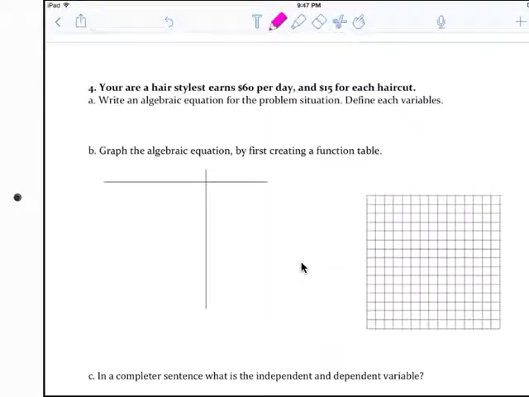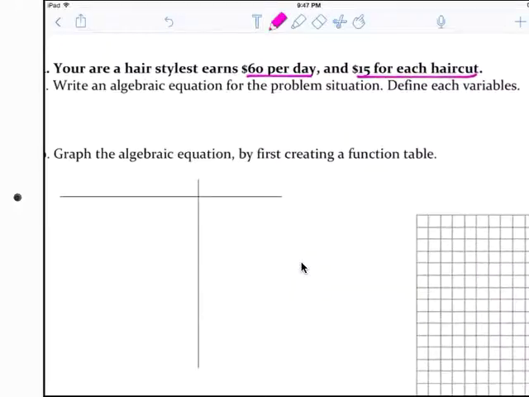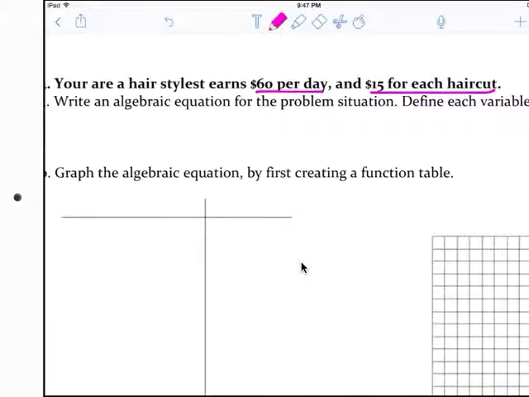Okay. You are a hairstylist earning $60 per day, $15 for each haircut. Write an algebraic equation for the problem situation. Define each variable. Okay, I know it sounds like $60 per day, so each haircut gets a times. This is a plus.